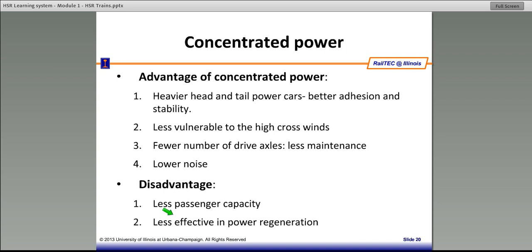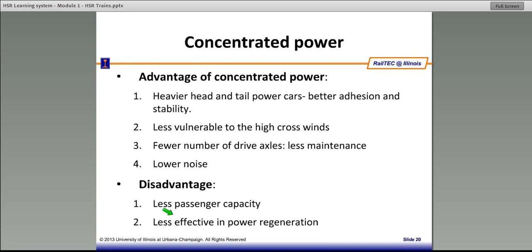So before the year of 2000, the main manufacturers for the high-speed train, the French company and the German company, they all produce the concentrated power train. The Japanese Shinkansen, they use the distributed power, and they all like to promote their train, and they all like to emphasize the advantage of their train.